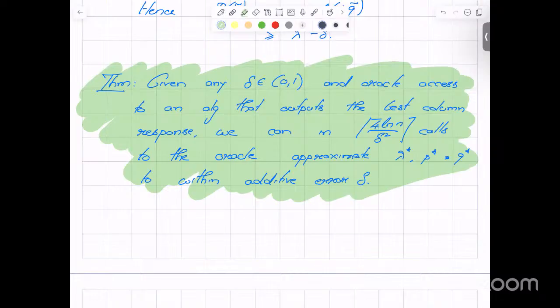How many calls will the LP require? That depends on the bit complexity of the payoff matrix. Firstly, LP will run in time polynomial in m and n. This is not polynomial, it is only log n.